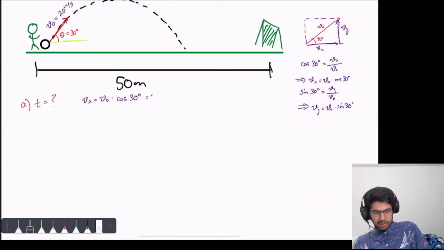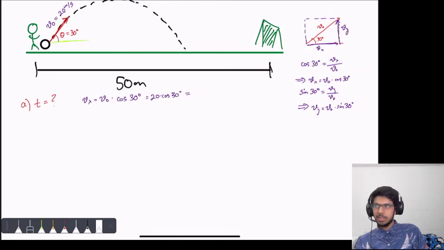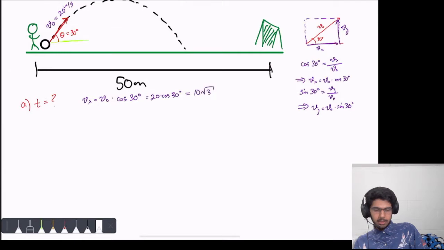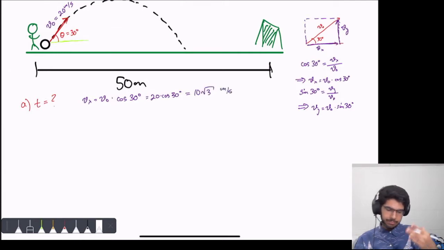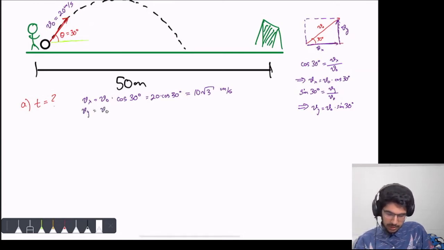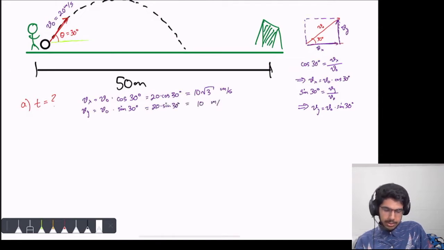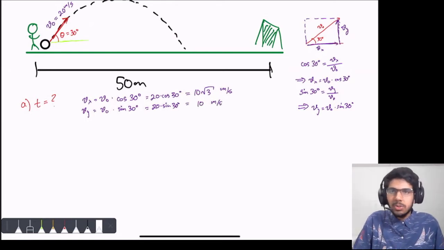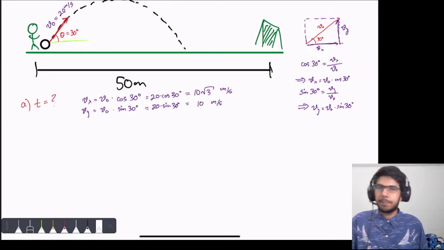So this is equal to 20 times cosine of 30 degrees, and if you use your calculator, you should see that this is equal to 10 root 3 meters per second, which is like 17.3 in decimal form. Similarly, Vy equals V naught times sine of 30 degrees, and this is 20 times sine of 30 degrees, and this is simply equal to 10 meters per second. Alright, so it seems like we're getting somewhere.